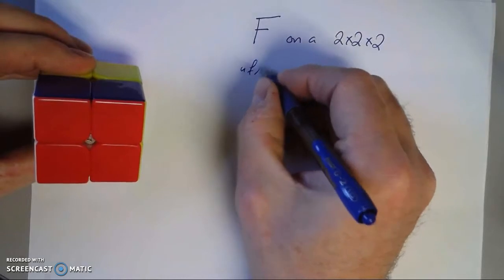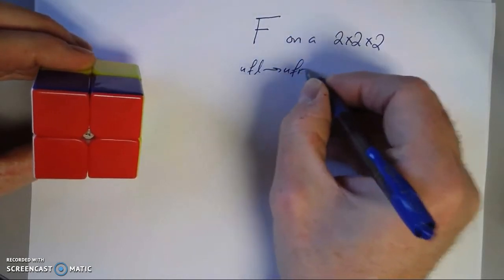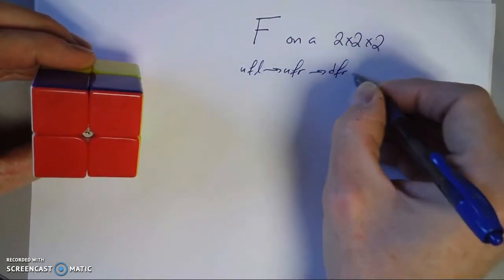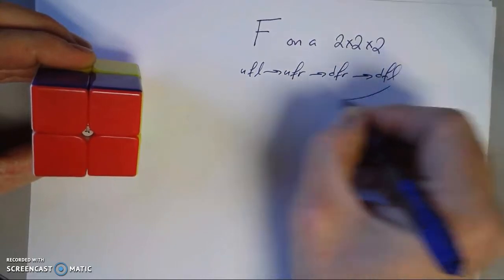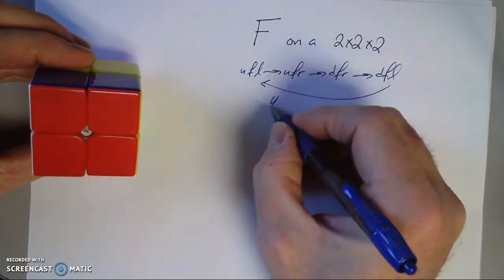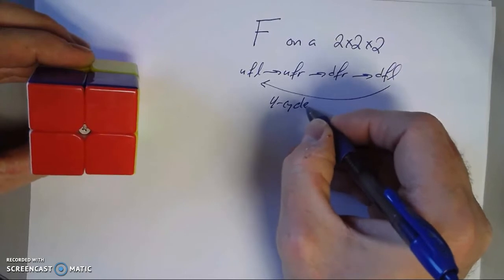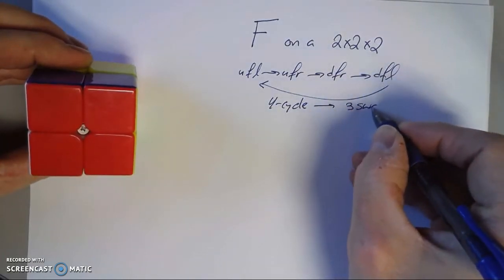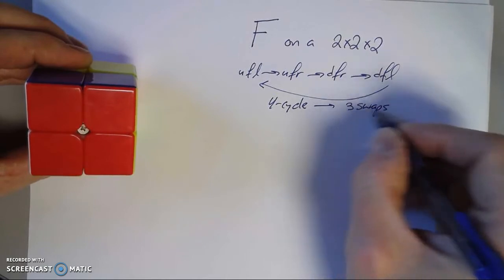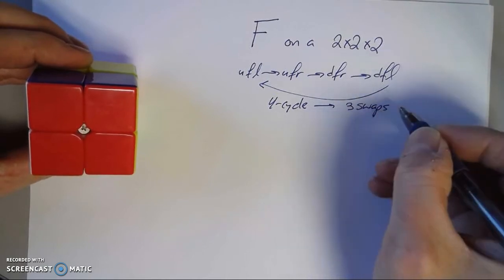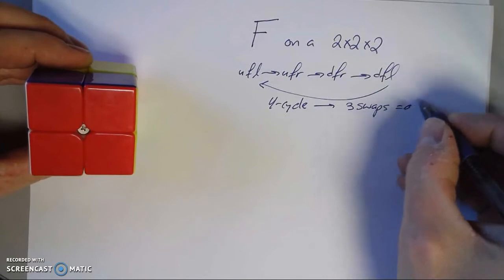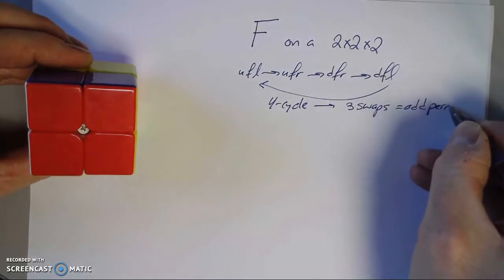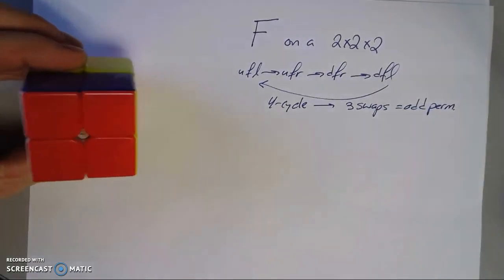So it's up, front, left, goes up, front, right, goes down, front, right, goes down, front, left, and back again. That's a 4-cycle, which is equivalent to 3 swaps, even though we don't literally do the 3 swaps, which is an odd permutation.